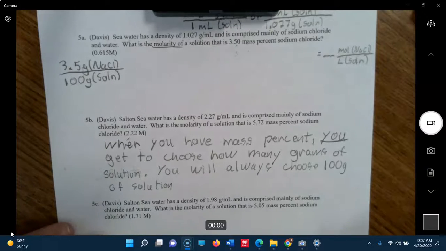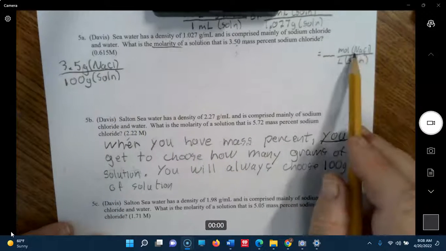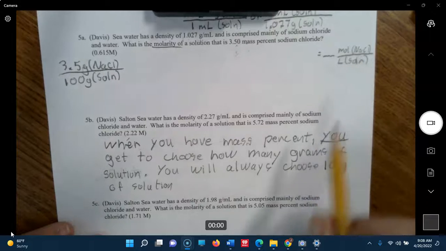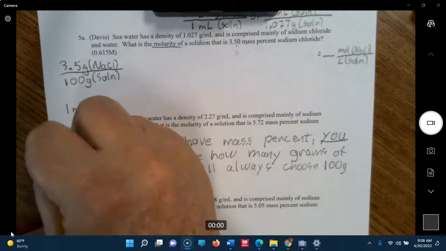Okay, so here we go. We need to get from grams of NaCl to moles of NaCl. That's the molar mass conversion. Let's write it out.